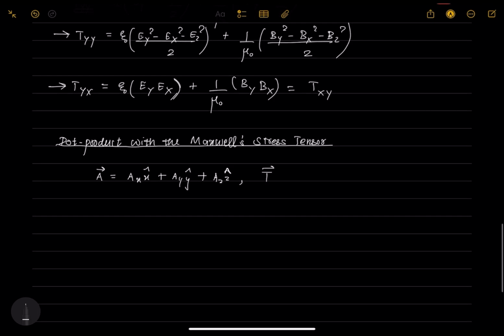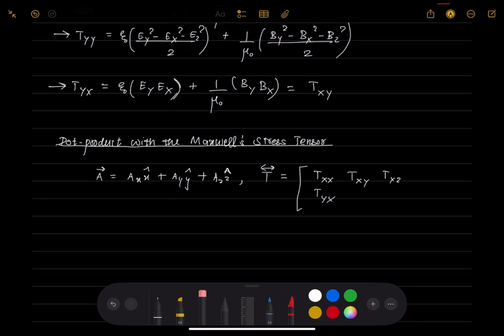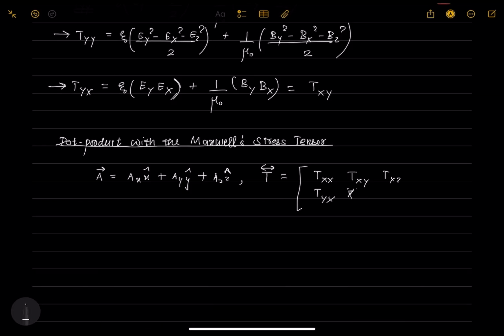That tensor is symbolized by a double arrow above T, and it has Txx, Txy, Txz, Tyx, Tyy, Tyz, Tzx, Tzy, Tzz elements.